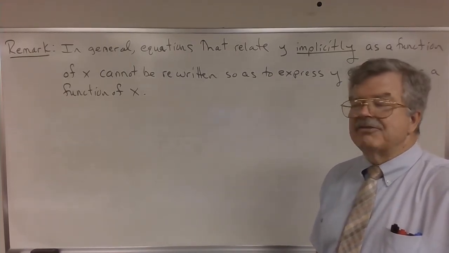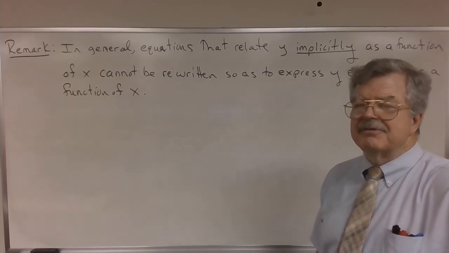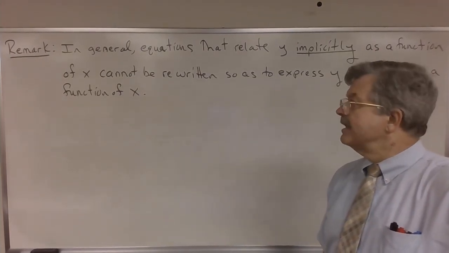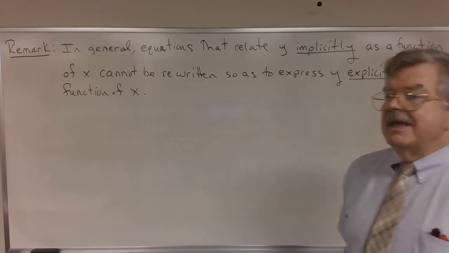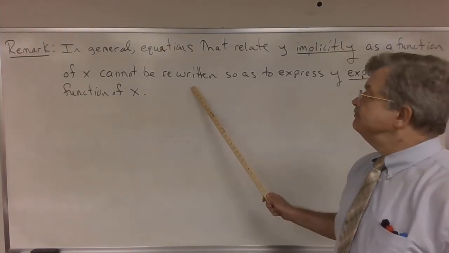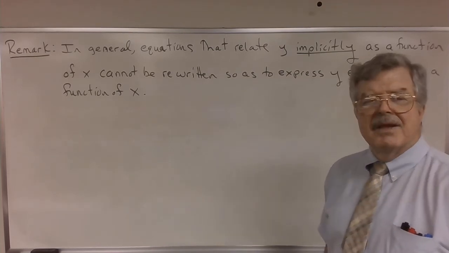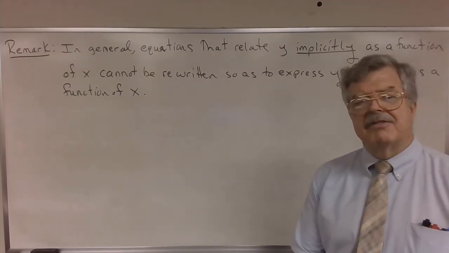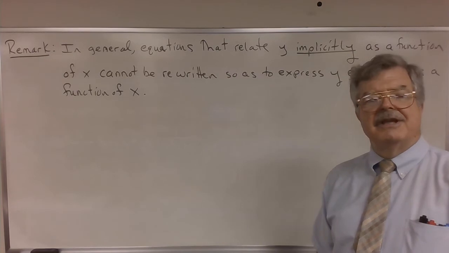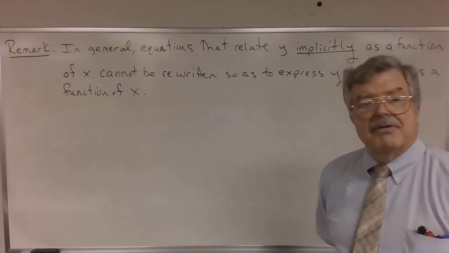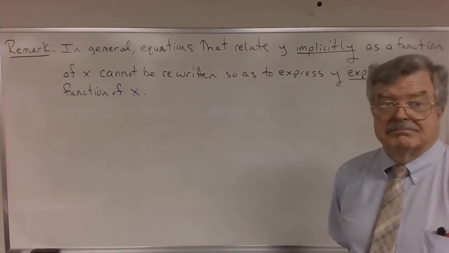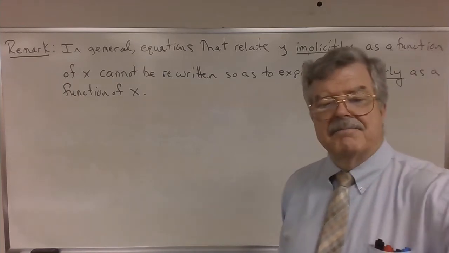I'm not saying it's always impossible, but most of the time it is. And considering the contents of this statement, what I'm about to write on the board next is going to seem rather mind-blowing, but I'm going to do it anyway.